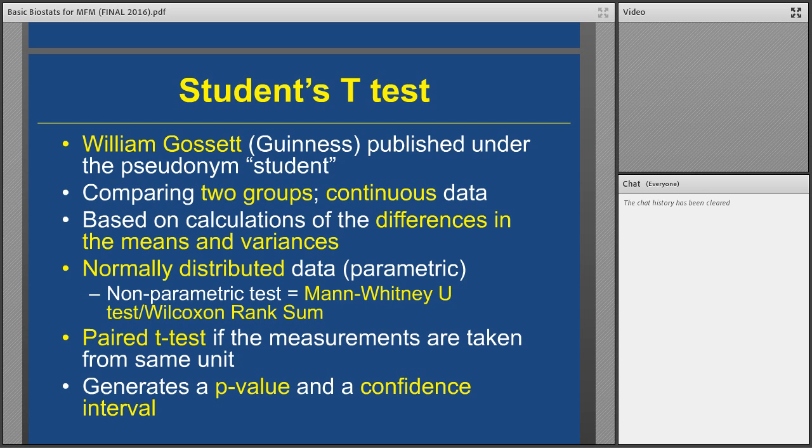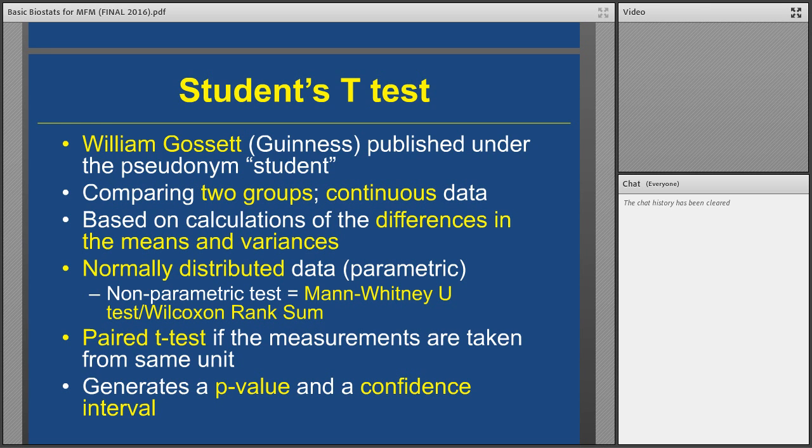If we had non-parametric data or non-normally distributed data and we needed to apply a non-parametric test, we would be using a rank test like the Mann-Whitney U-test or the Wilcoxon rank sum test. And we're not going to go into the differences between those two, but those are non-parametric tests that would be the equivalent to using a student's t-test.